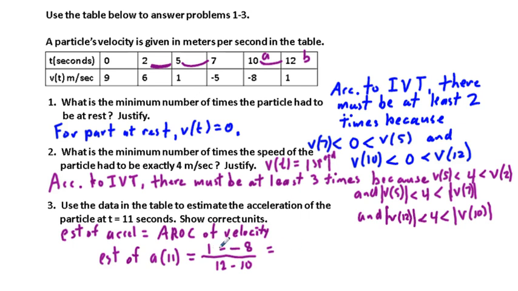And if we simplify, 1 minus negative 8 will be 9 over 2. Don't forget to show correct units. We're going to have meters per second squared.